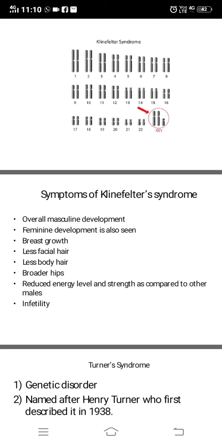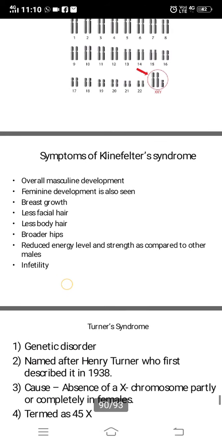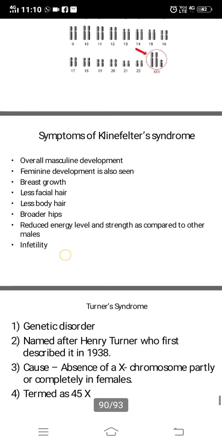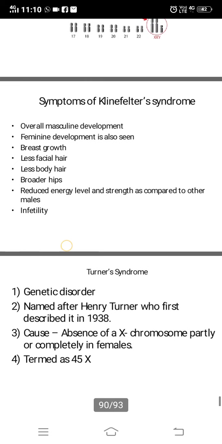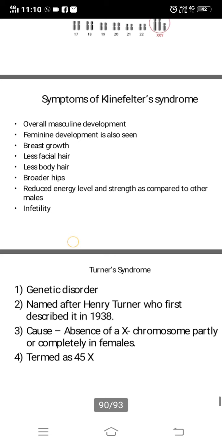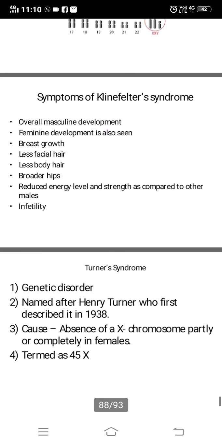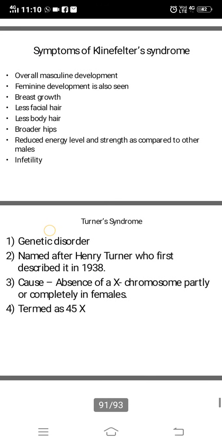So with XXY, both male and female features are seen. Breast growth, less facial hair, less body hair, broader hips, reduced energy level and strength as compared to other males, and infertility. These are the symptoms of Klinefelter syndrome.